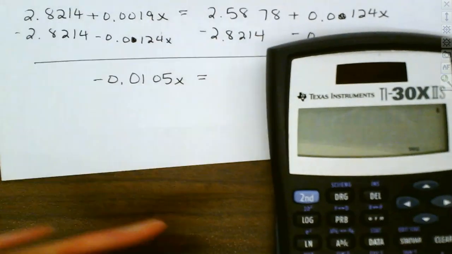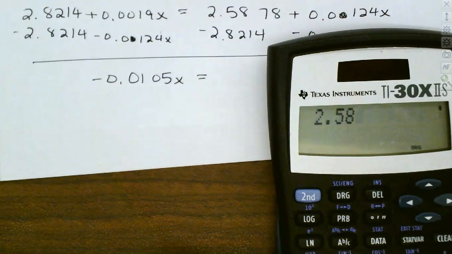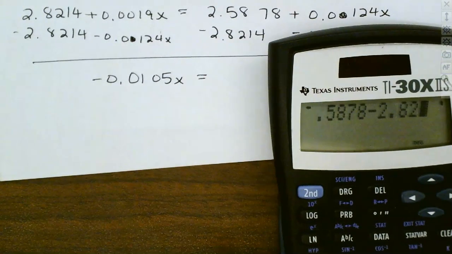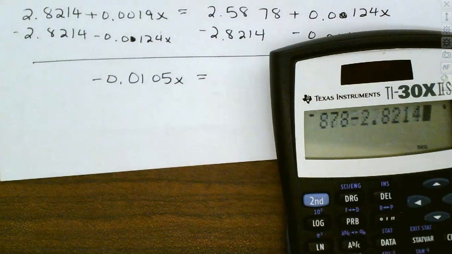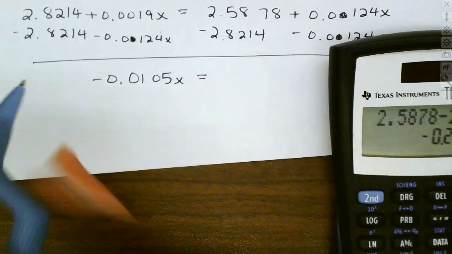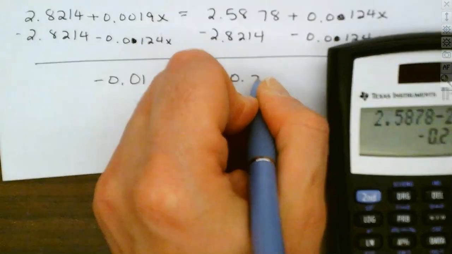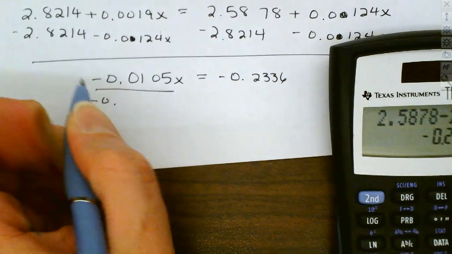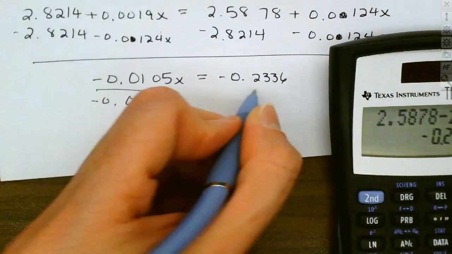So on the other side, we have 2.5878 minus 2.8214, and that gives you then a minus 0.2336, and we'll divide, and it looks like we're going to come out to be a whole number.